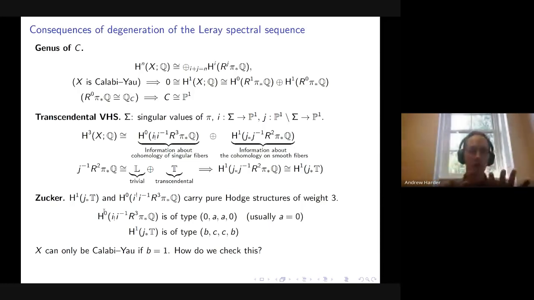They will contribute to the canonical bundle. So if you actually want to say geometrically whether this is Calabi Yau, you have to be careful about what lives in singular fibers or not. But if you just want to say, can this thing be Calabi Yau? Does it give you a Calabi Yau Hodge structure on H3? That's just determined by H1 of the push-forward sheaf of the transcendental local system. Okay, so now the question is, how do we check whether what we have is Calabi Yau?